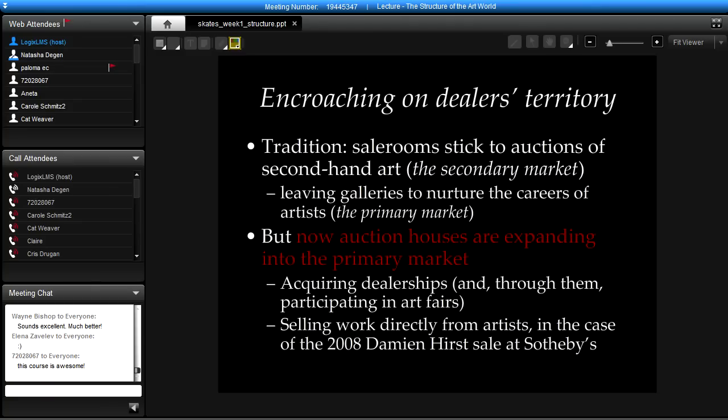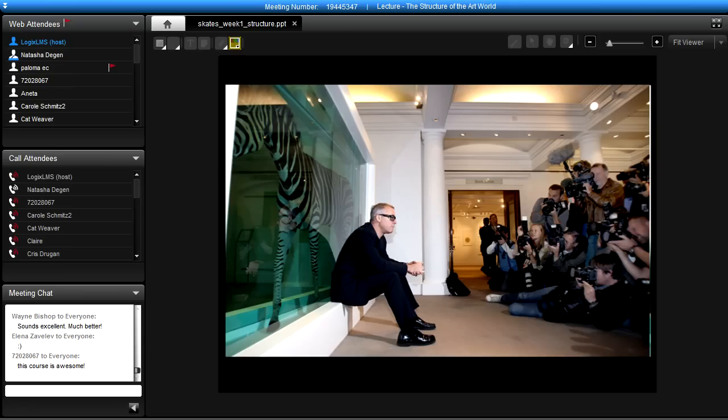Whereas auction houses were meant to stick to the secondary market, which is basically art that an individual has already acquired and is looking to sell on, galleries traditionally have focused more on the primary market: finding artists, identifying artists, nurturing their careers, helping them develop their careers. The lines between the two have become very much blurred.